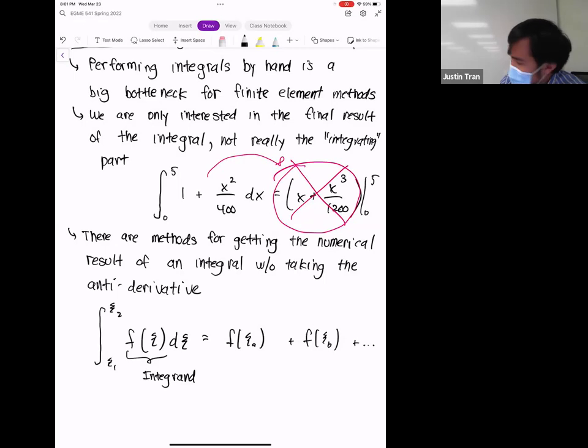So you're just taking a sum of evaluating the integrand at different locations. The trick here is that when you evaluate the integrand, you add some weights to it, where the weights are just simple numbers, either 1 or 2 or something like that. So instead of performing the integral, what we take is a weighted sum of the integrand.